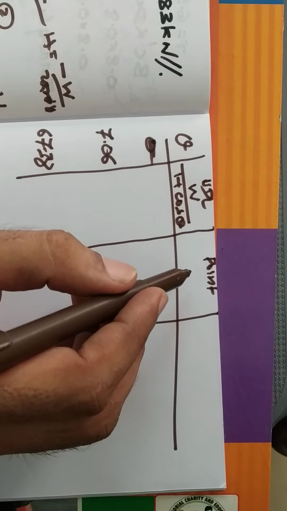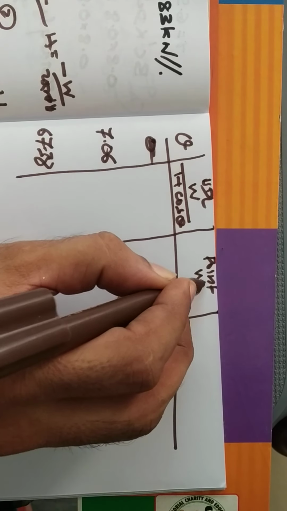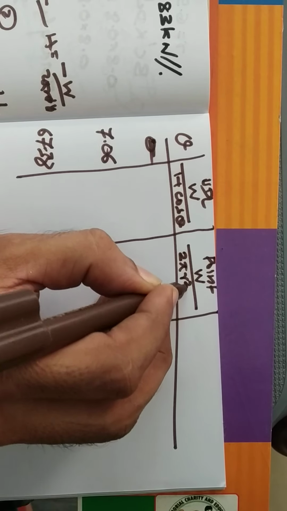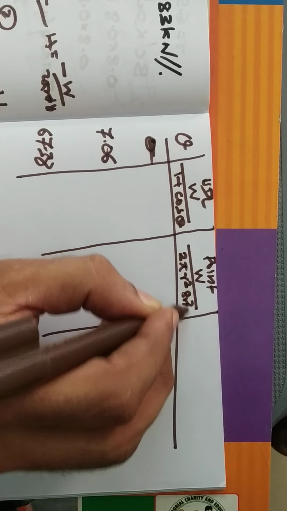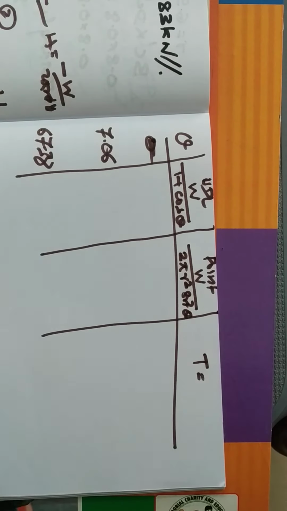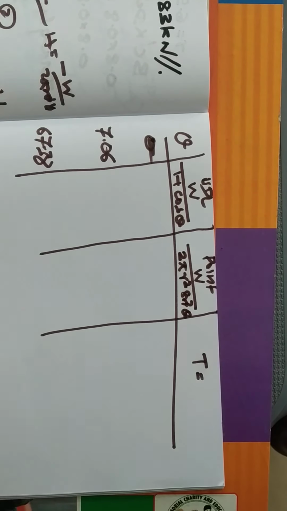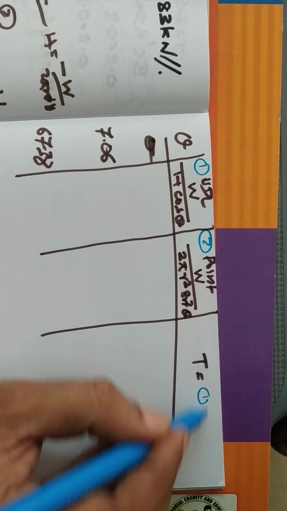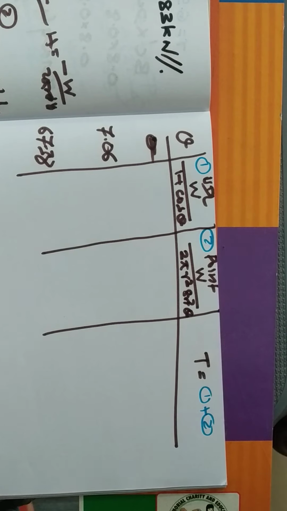For point load, W divided by 2 pi R square sine square theta. T is equal to the sum, first column plus second column, 1 plus 2.